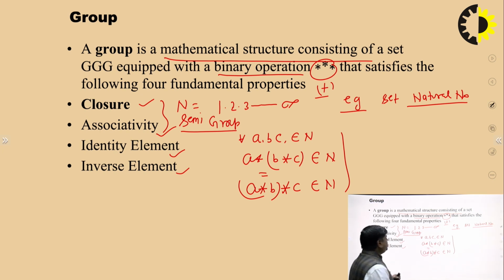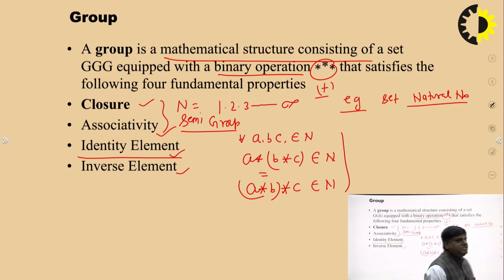Now the third property, the identity element, that is the main element of any algebraic structure. With the help of the identity element, we can access the overall mathematical structure.